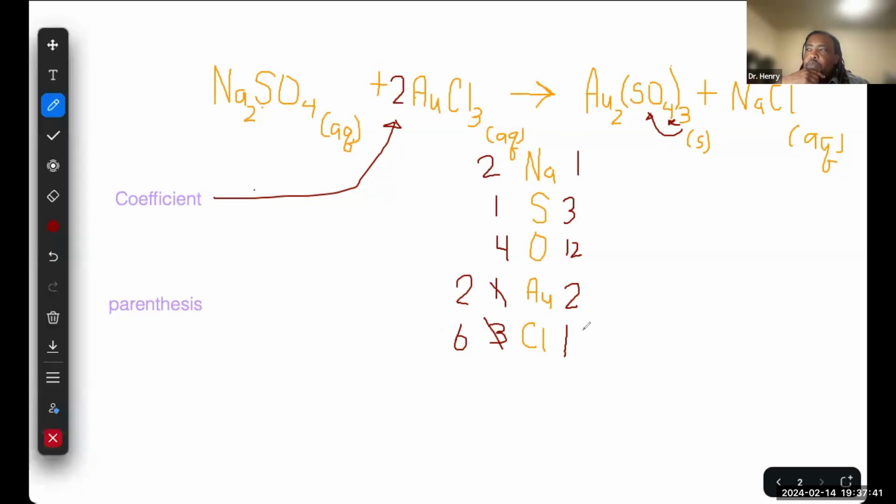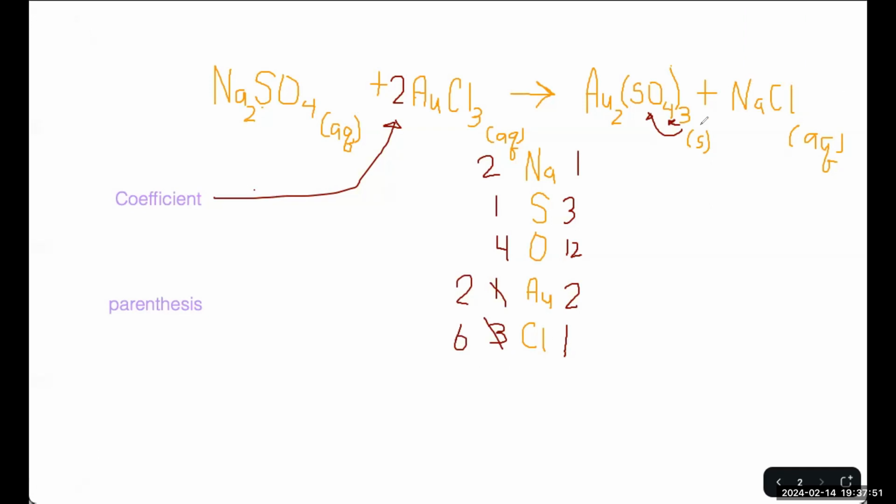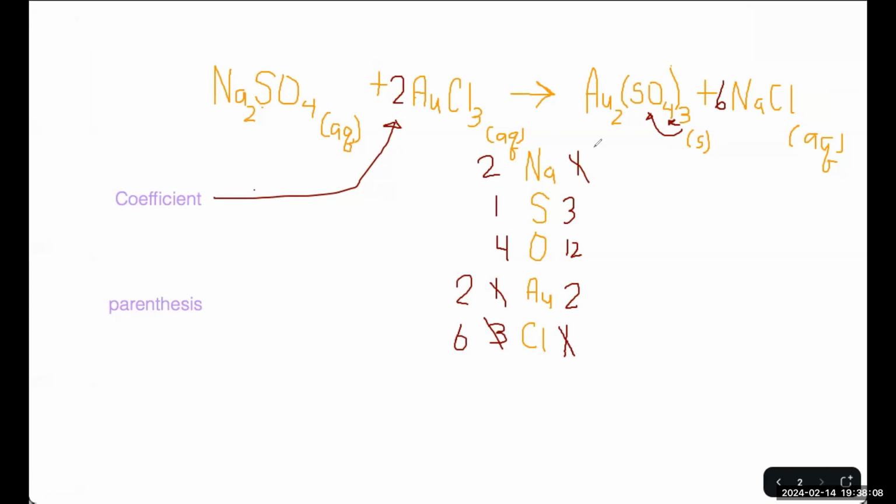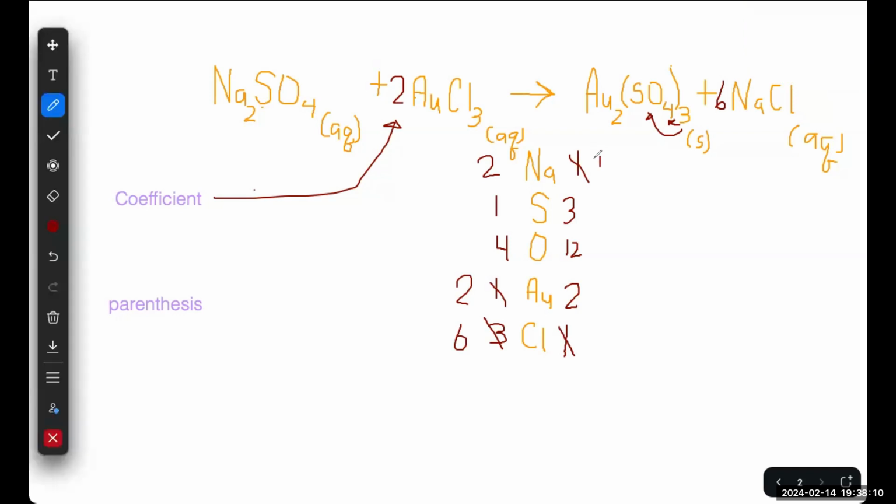What do I need to multiply 1 by so that it would be the same? 6. So I'm going to put a 6 in front of my sodium chloride as my coefficient. So that means that now I have a total of how many sodiums? 6. That's right, 6. And then how many chlorines? 6.